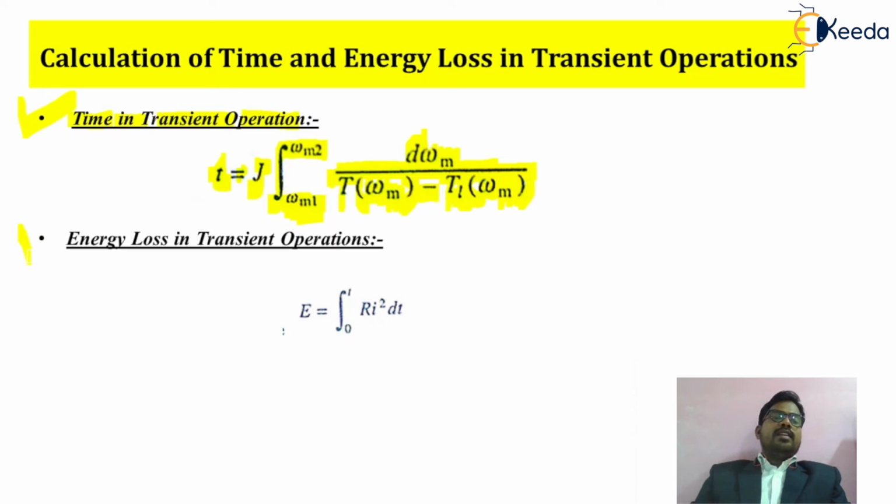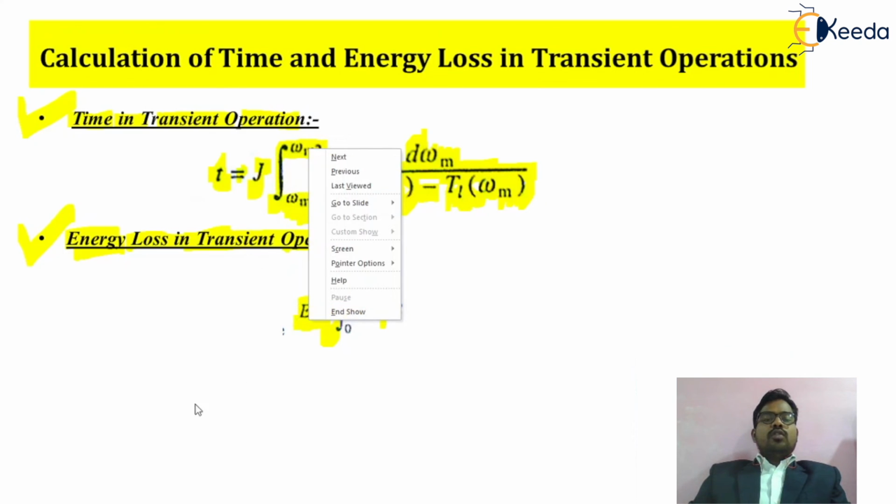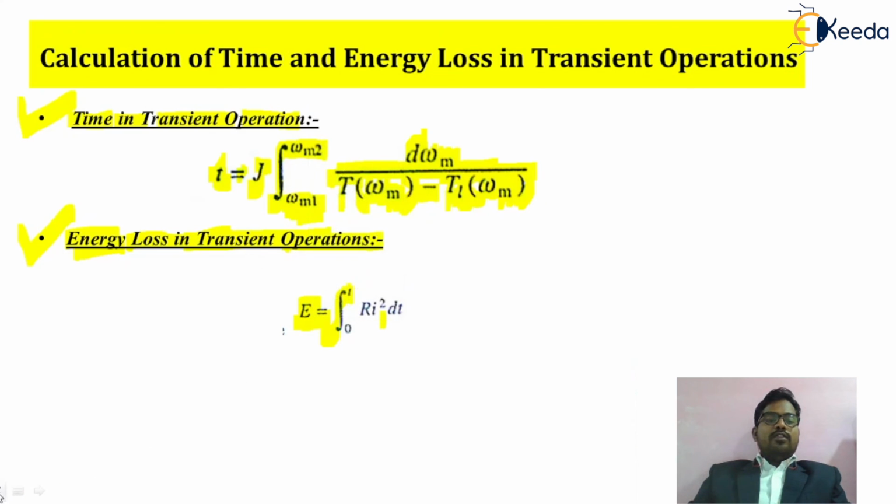And the second equation is the energy loss in transient operation. What will be the equation of the energy loss in transient operation? That will be given by E equals the integration of I square R dt. We have the value of the resistance and we have the value of the current.